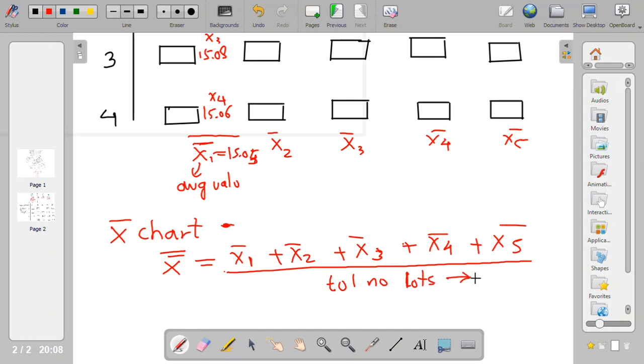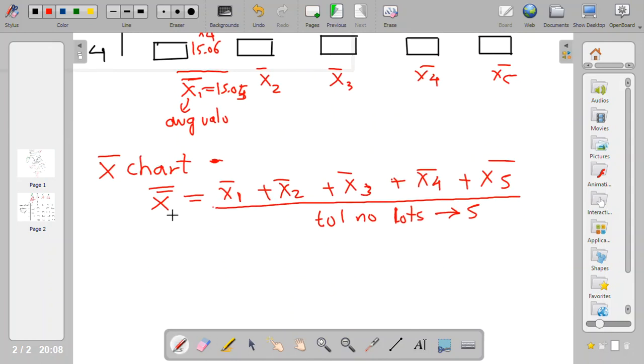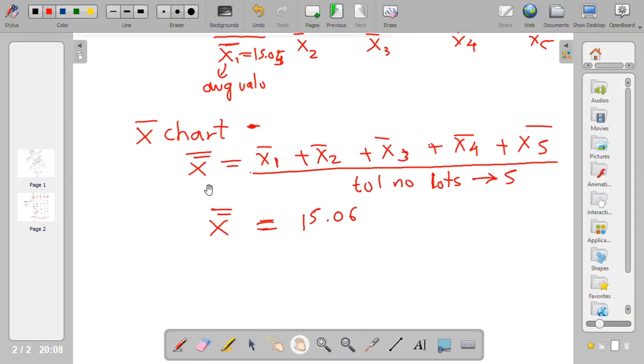I'll write 5, since our total is 5 lots. So I'll find the grand average, say 15.06. So this is about the x bar chart.